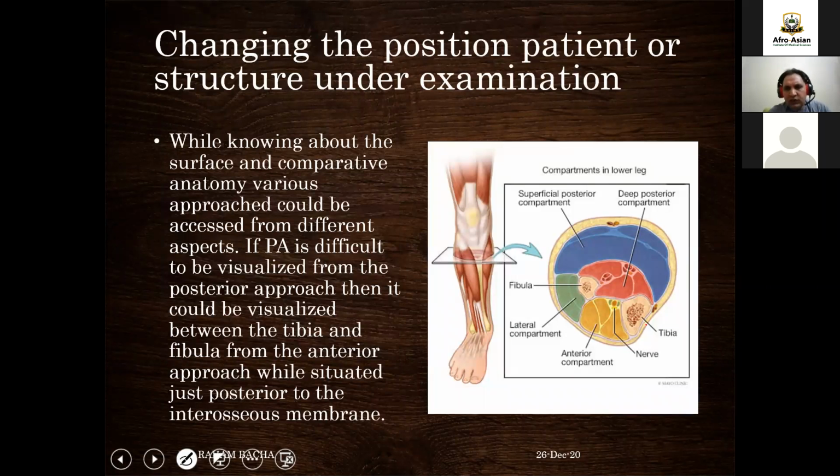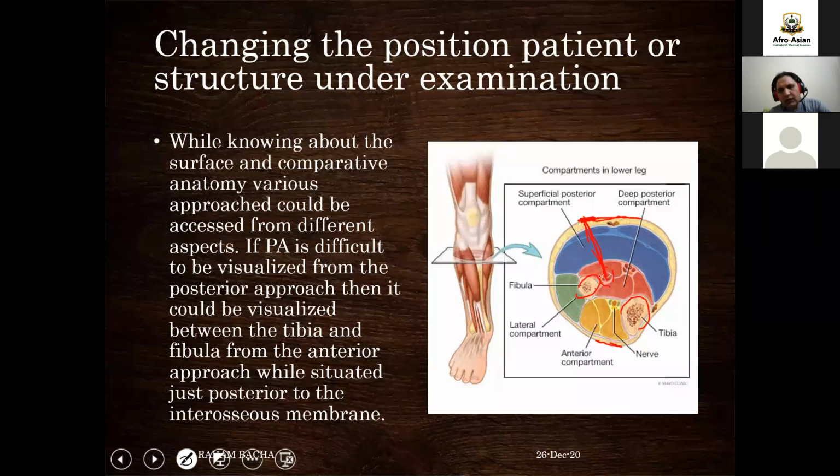Here in this image, you can see this is the tibia, this is the fibula, this is the posterior part, this is the anterior part. If you take the approach from the posterior part, the peroneal artery along with the vein will appear at this region. That's a bit deep, and the overlying gastrocnemius muscle will hide its visualization.